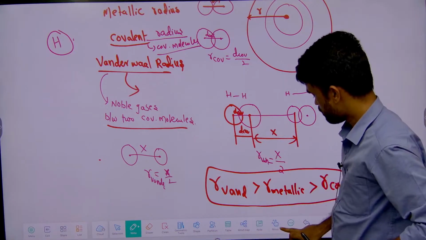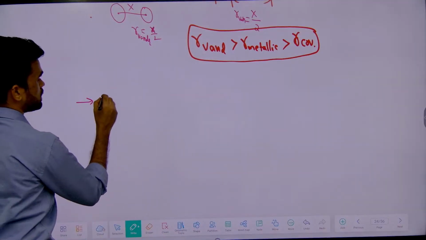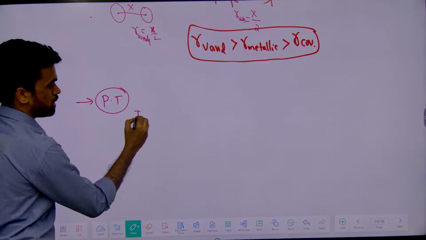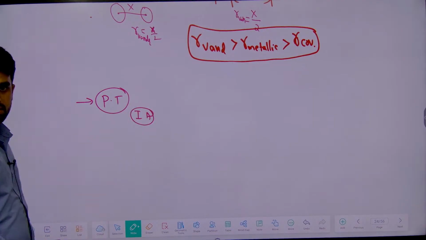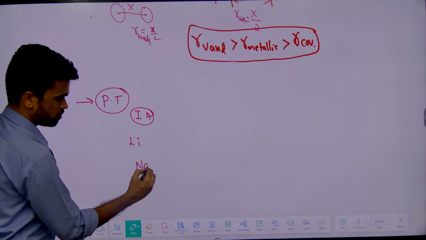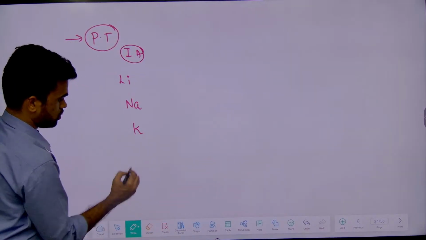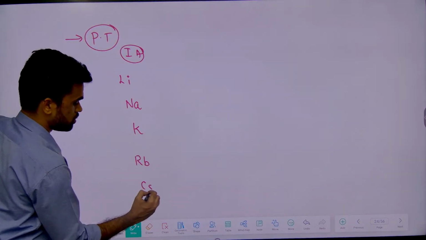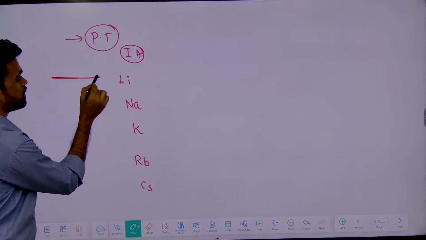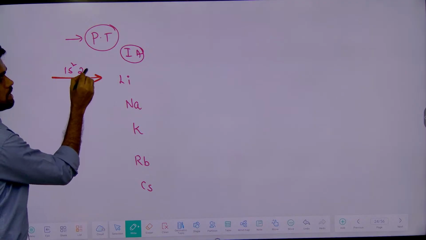Now how does it vary in the periodic table? Consider a group, like the first group elements. Tell me what the first group elements are. Lithium, sodium, potassium, rubidium, cesium, francium. Up to here it is fine. Now write their electronic configuration. 1s2, 2s1.